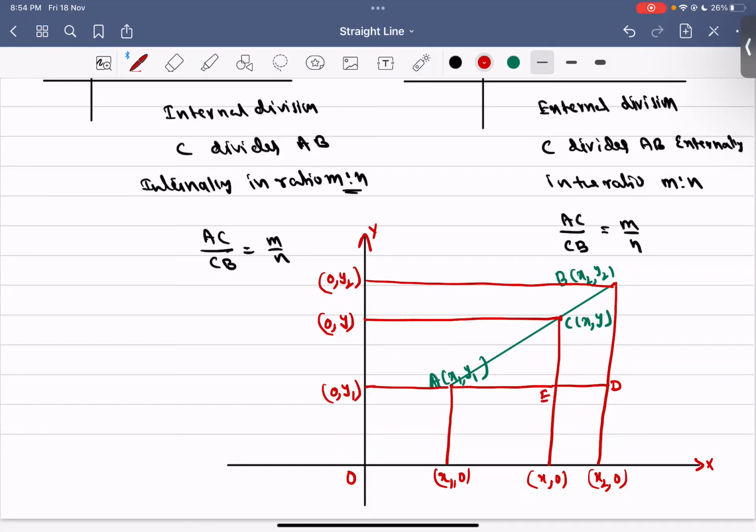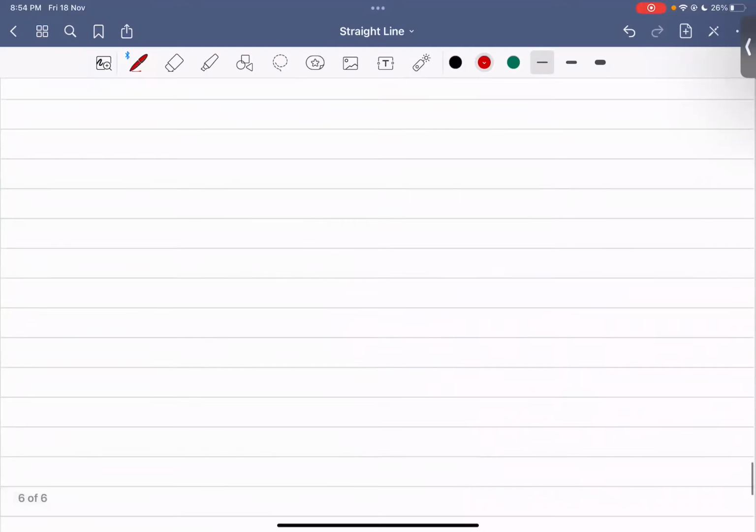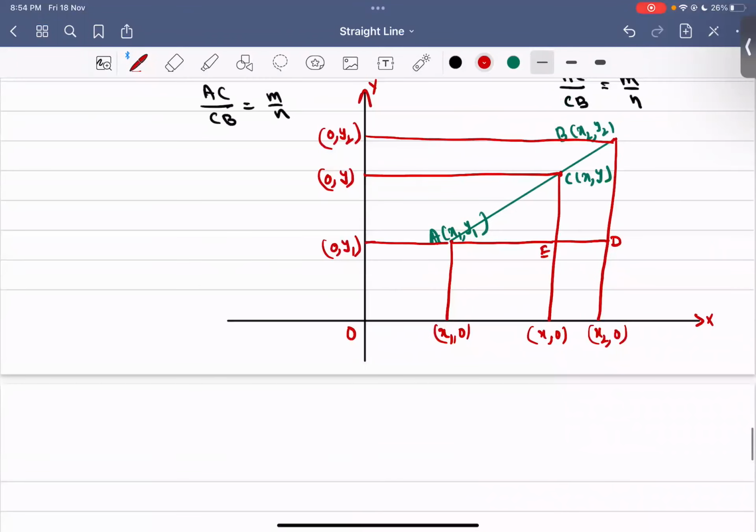Now from the above diagram, triangle AEC and triangle ADB are similar triangles.